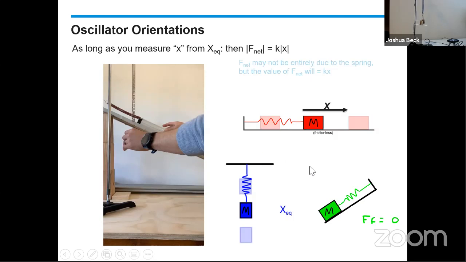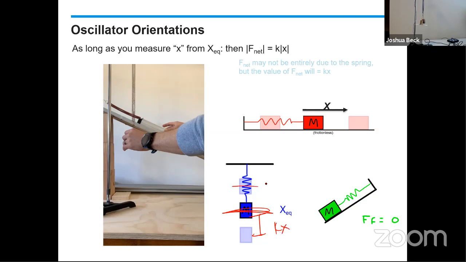Well, without going too far into it, basically, if you have a horizontal spring and you displace it, then the net force is going to be Kx. If you have a vertical spring and you start from the equilibrium position, then the net force is still going to be Kx. Easiest way to think about this is when it's at the bottom, you have stretched the spring an extra distance, so that extra force is going to be Kx.